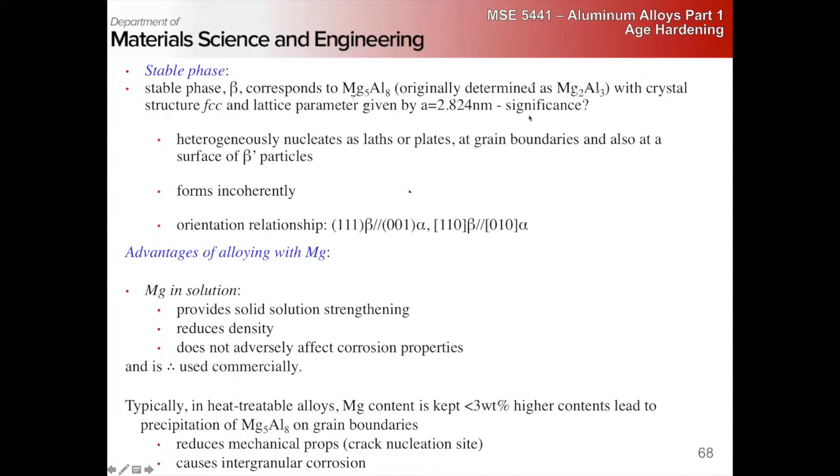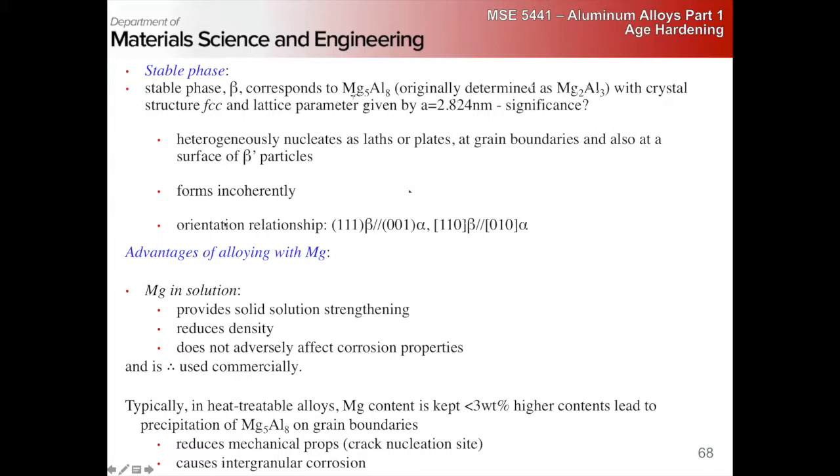nanometers. Why is this significant? It's a nice multiple of the aluminum lattice spacing. This is going to nucleate heterogeneously as laths or plates, primarily at grain boundaries, but it can also nucleate on the surface of the beta prime particles.